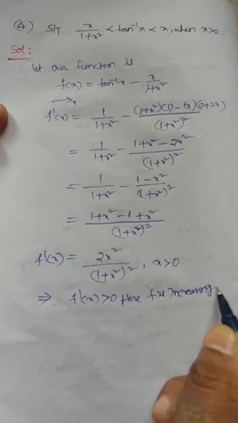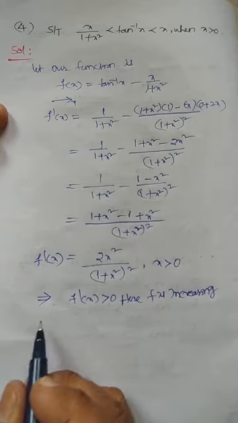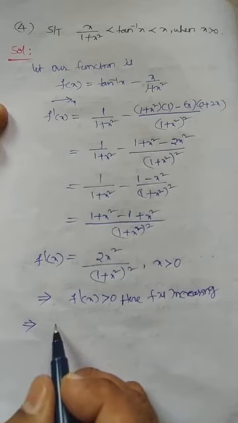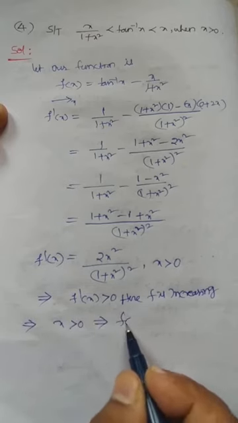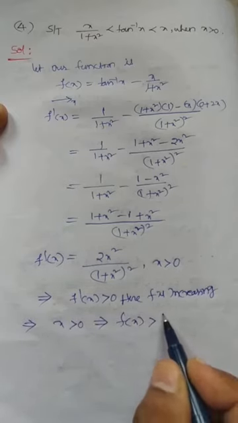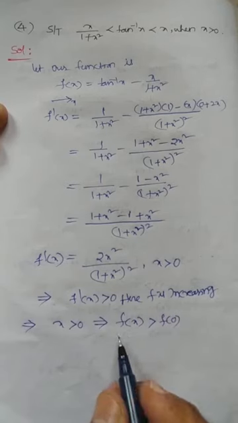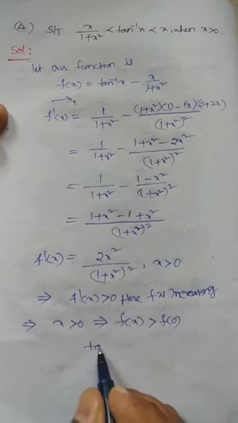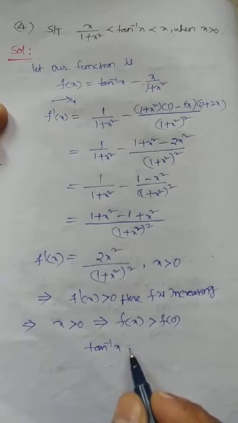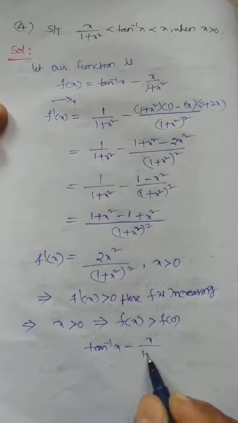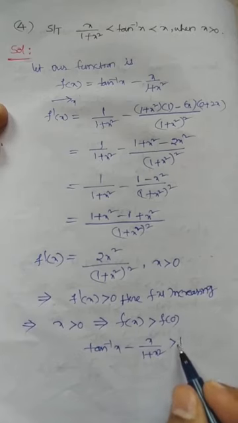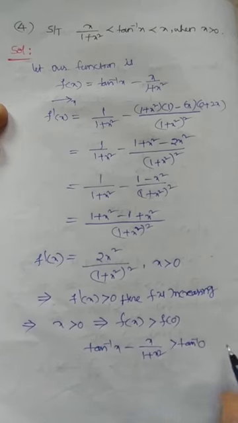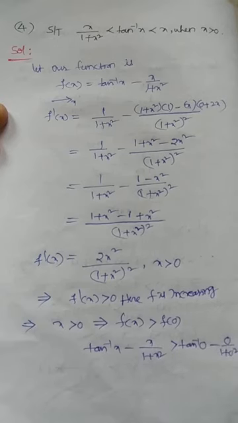So whenever x is greater than 0, f of x must be greater than f of 0. What is our f of x? Tan inverse x minus x by 1 plus x square is greater than f of 0, which means tan inverse of 0 minus 0 by 1 plus 0 square.